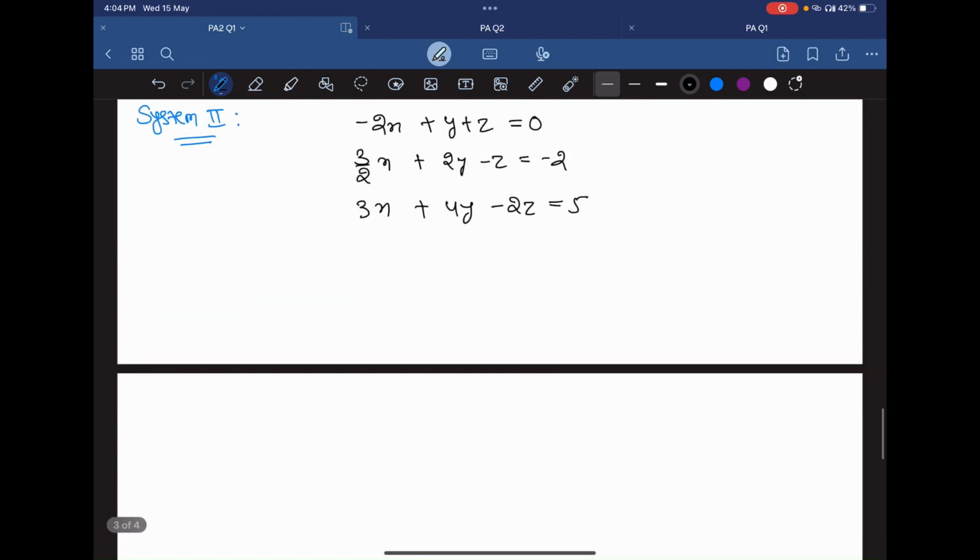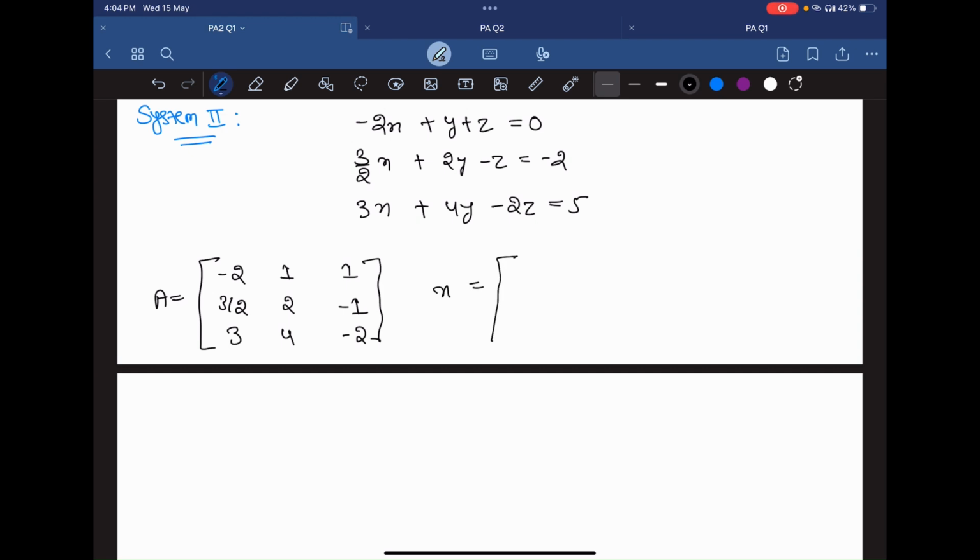Now as we did before, we'll try to find the matrix representation of the system of linear equations. So our matrix A would be minus 2, 1, 1, 3 by 2, 2, minus 1, 3, 4, minus 2. Matrix X would be x, y, z, and matrix B would be 0, minus 2, 5.